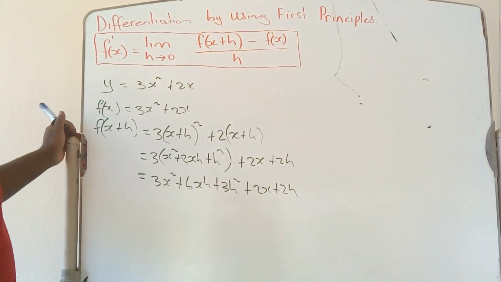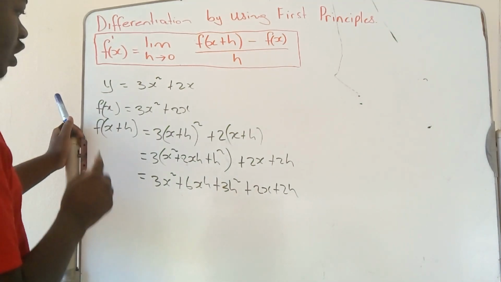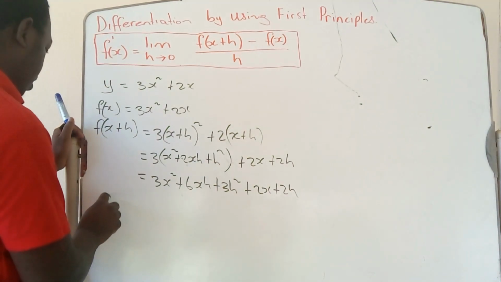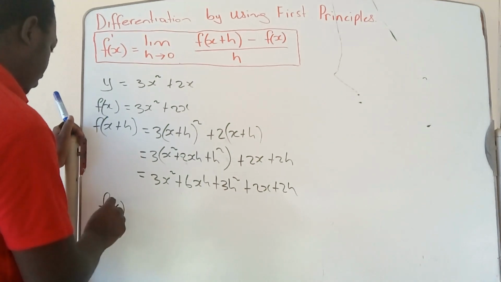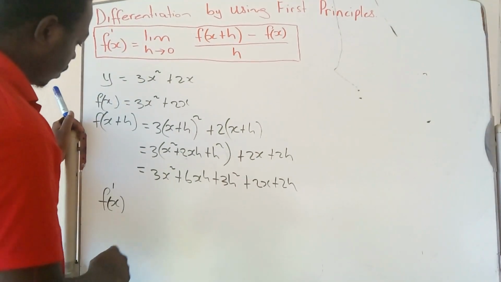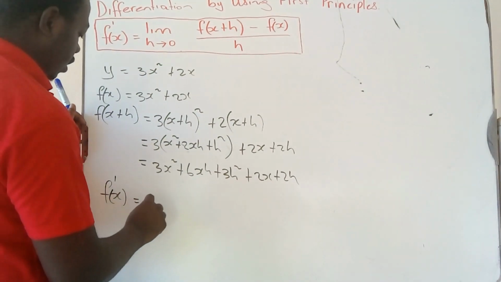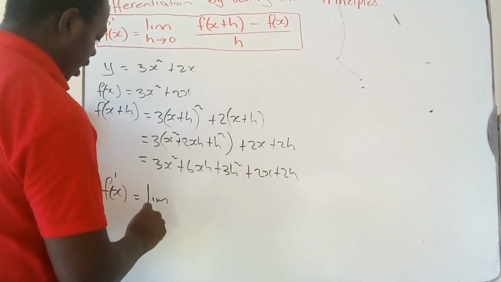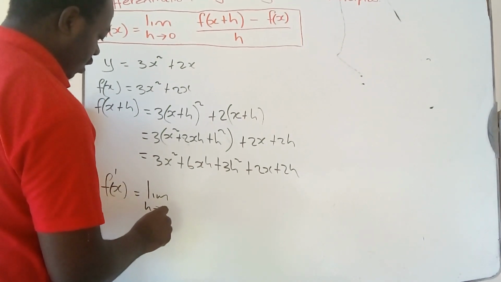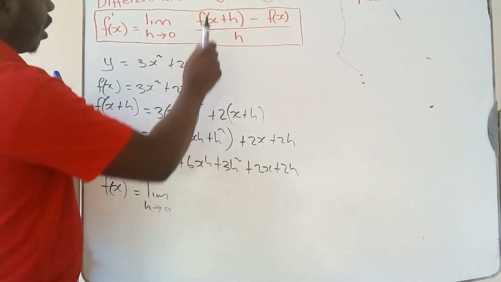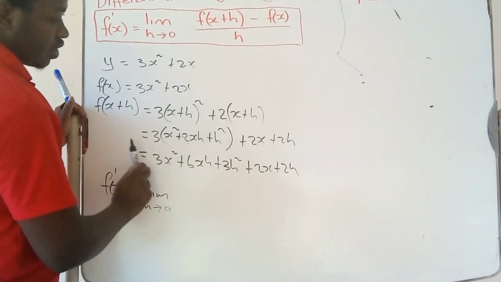So now we need to find the derivative. So we know that f prime of x, which is the derivative, is equal to the limit as h approaches 0. We have f of x plus h. What is f of x plus h? All of this.